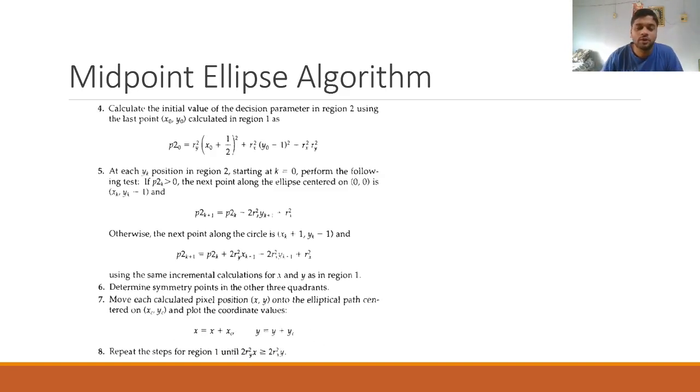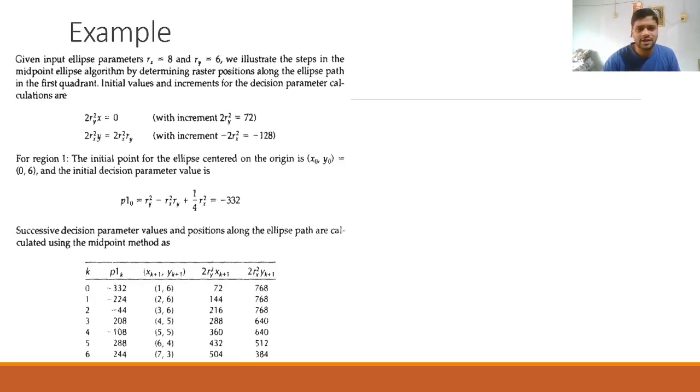So for the first quadrant it is going to be addition, for the second quadrant it is going to be one addition, one subtraction, and for the third quadrant it is going to be both subtractions. And repeat the steps for region 1 until 2 ry square x is greater than or equal to 2 rx square y. So that is going to be the termination condition as far as the loop is concerned.